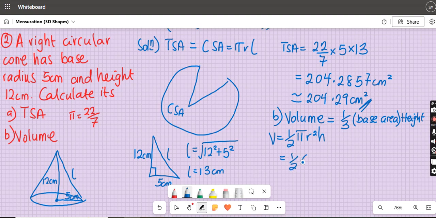So we are going to have 1/3 times 22/7 times 5 squared, and what is the height? Times 12. Go ahead and let's compute this together. What will this give us?